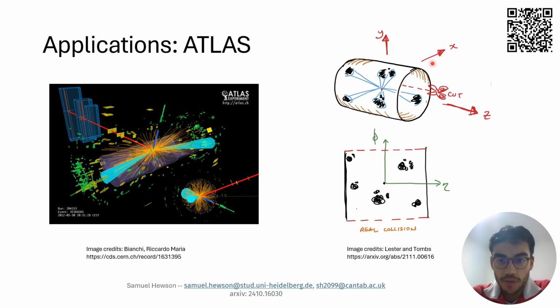So in this method, at ATLAS, we have these projections onto the cylinder, and from these we could form potential inputs for a convolutional neural network. The full idea and proposal of this is given in this paper here by Lester and Toombs, so I recommend taking a look at that paper also.